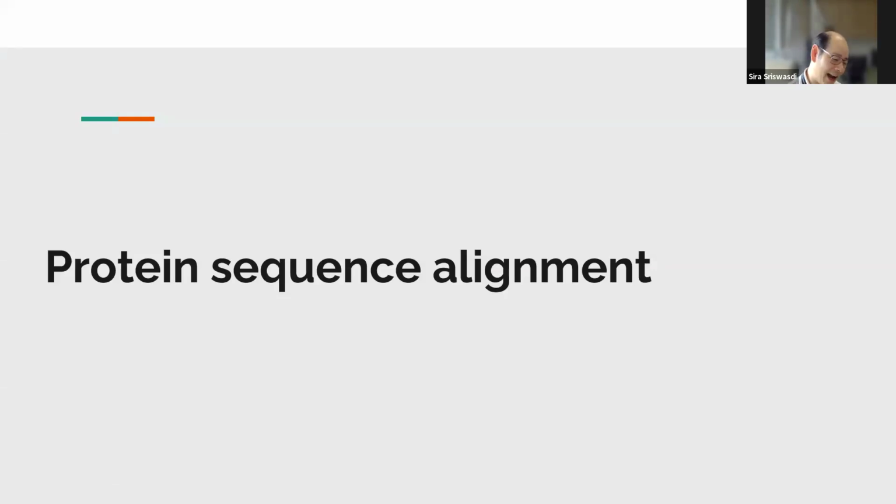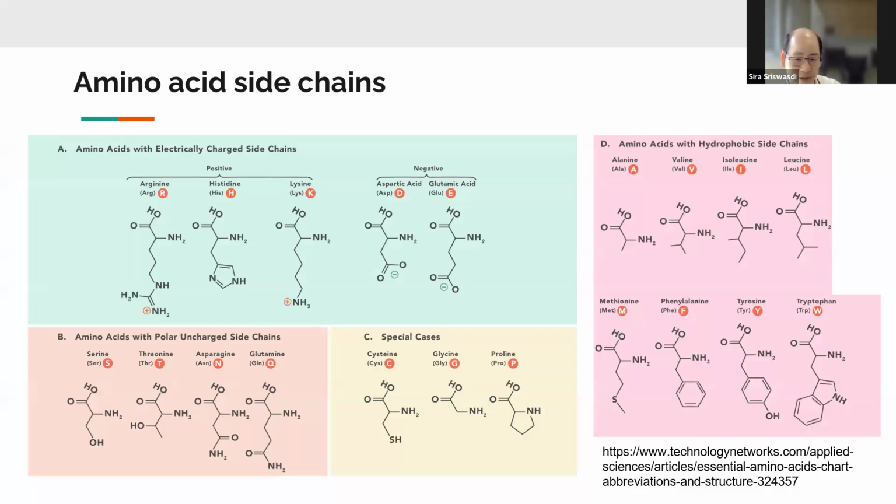For nucleotide alignment, the scoring is simple because between A, T, C, and G, mutation can change anything to anything. You can go from A to T, you can go from A to G, it doesn't really matter much. But when we want to align protein sequences, we can go back to your biochemistry class.